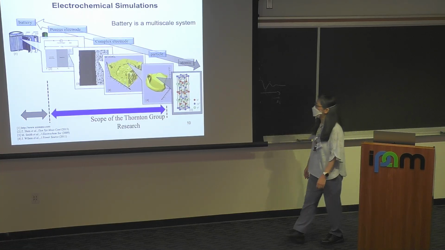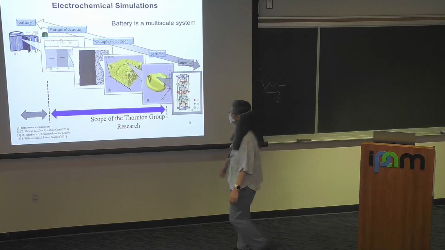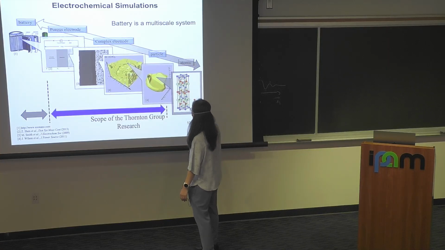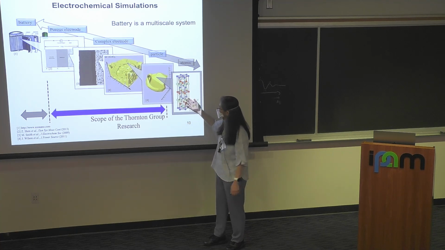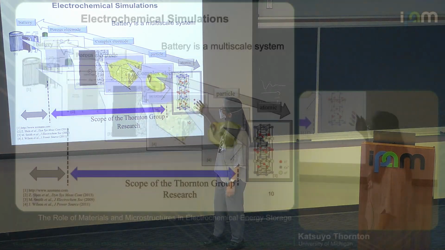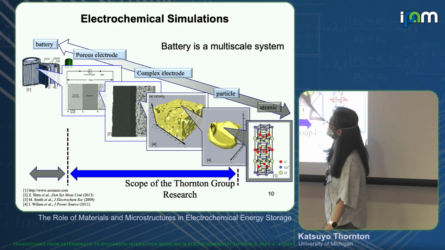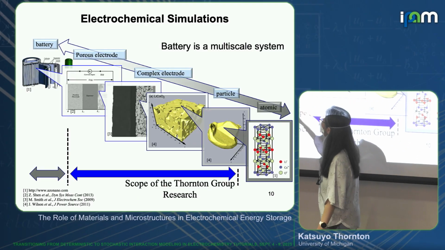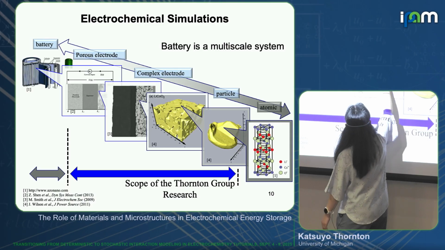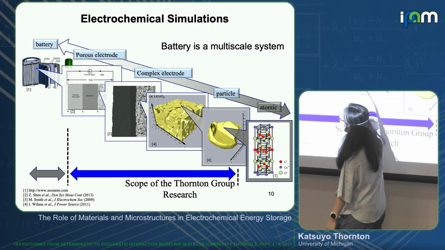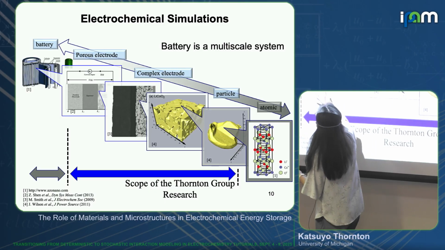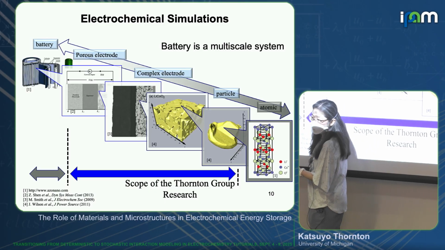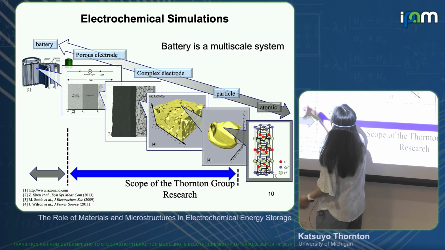So here is the battery problem. The material properties at the atomic scale actually govern what happens at larger length scales. Eventually you have not just this microstructure, but you have to understand what happens at the porous electrode level, right?